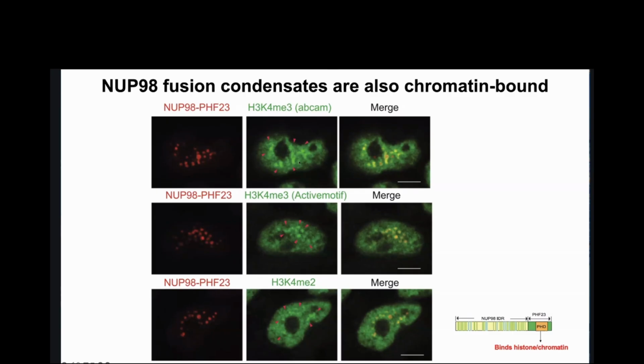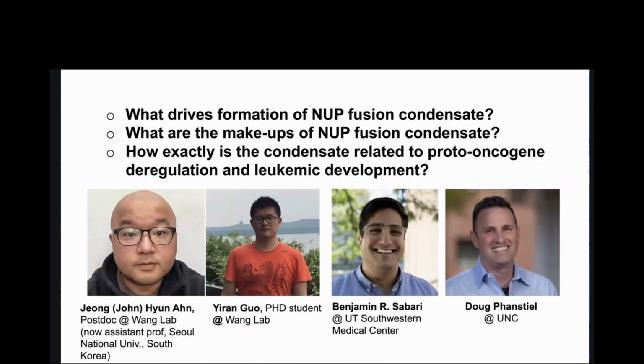We do not see this very distinct patterning of the histone modification in normal cells, which I didn't show you. This suggests that the NUP98 fusion can reorganize the chromatin modification and potentially the 3D structure of the chromatin as well, which I'm going to talk about a little more later.